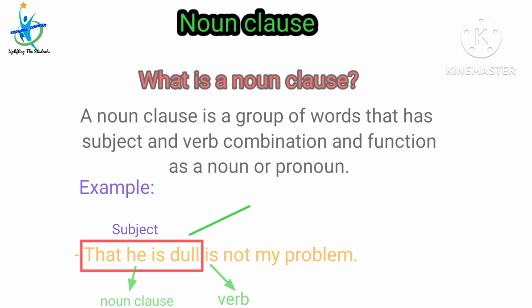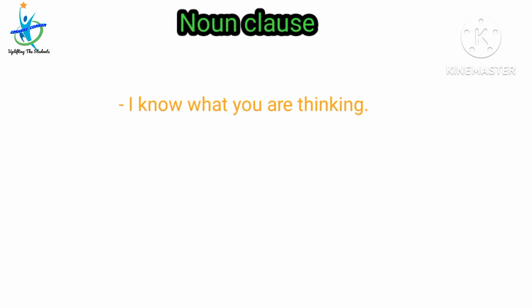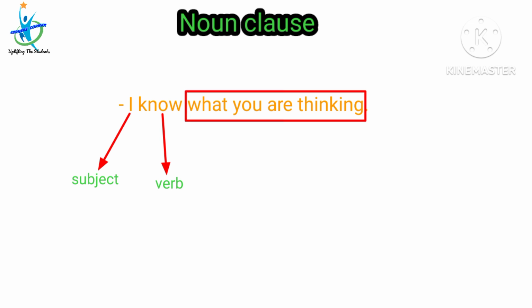Let's look at the second example. I know what you are thinking. I is the subject, know is the verb. What you are thinking is the object. What you are thinking is also a clause, because we have the subject you and the verb are.